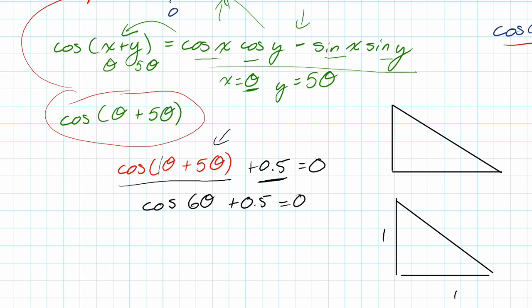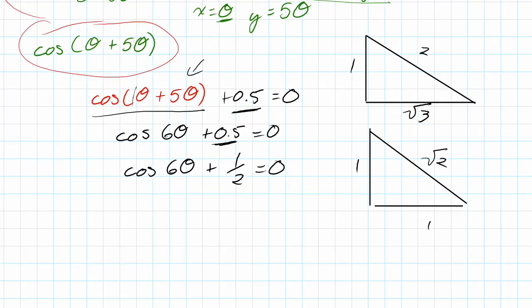It is 1, 1, root 2, and another one is 1, 2, root 3 as the sides. And when we refer to sides, we usually have a fraction of one side over another. I'm going to change this into a fraction. Off the top of my head, I know that 0.5 is a half. So I'm going to say cos 6 theta plus 1/2 is equal to 0.